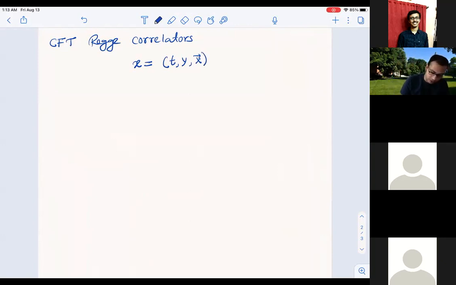So that's how I'm going to denote my points. Sometimes I'll also use light cone coordinates: x minus, x plus, and x, where x minus is t minus y.